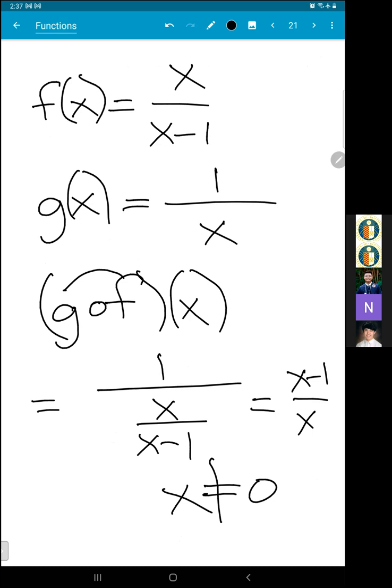Why is that? Anyone? Why is this a wrong answer? Well, if you look at the final expression, it seems to be correct, but it is not. Would anyone explain why that is not the correct domain of the composition?